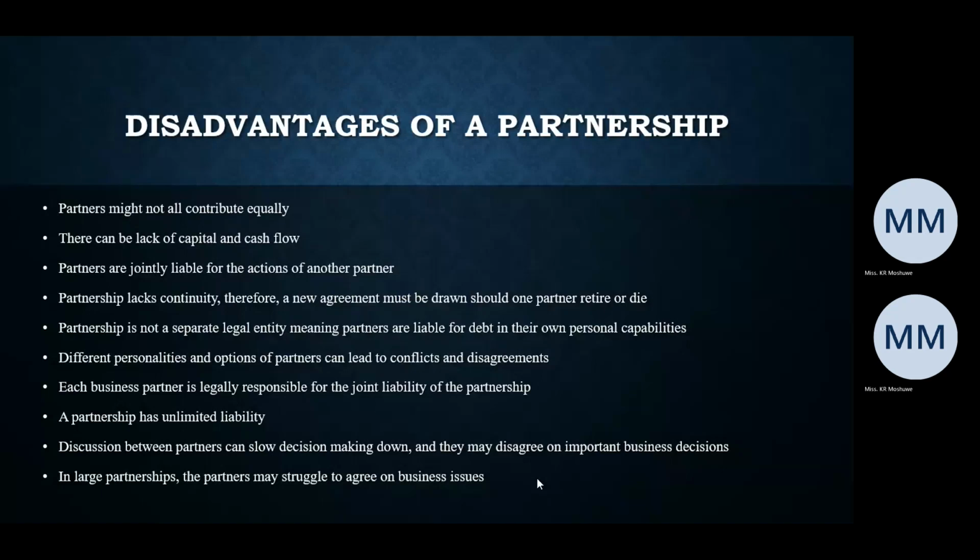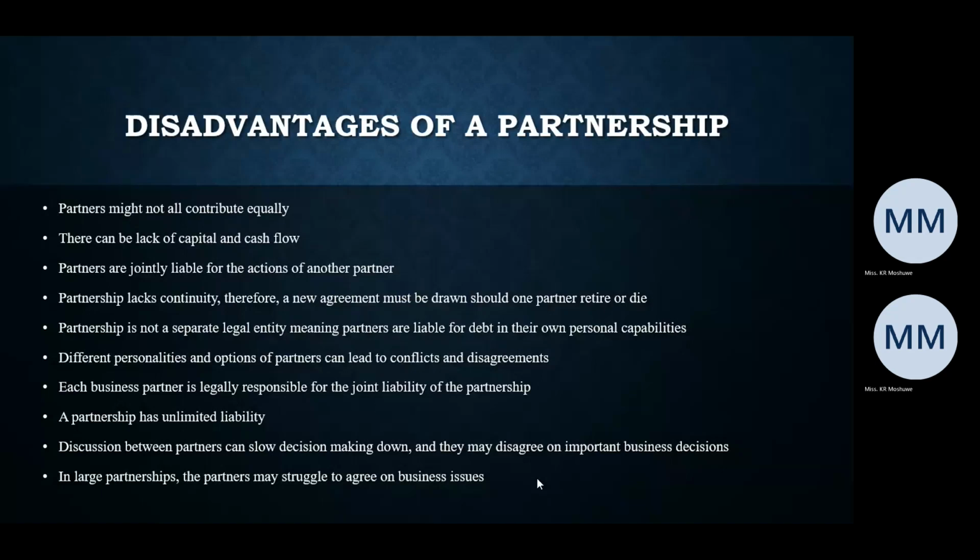Partnership lacks continuity. Therefore, a new agreement must be drawn should one partner retire or die. Like I said, if someone in a partnership decides to leave, then there is no continuity.